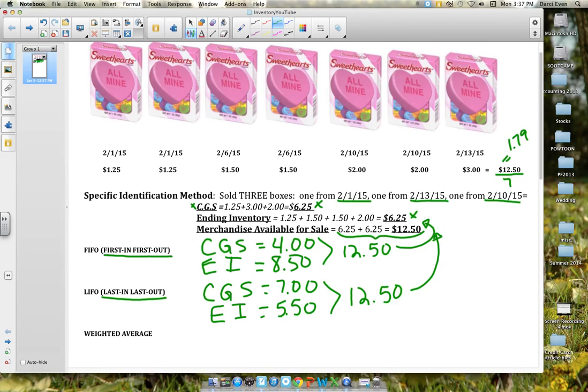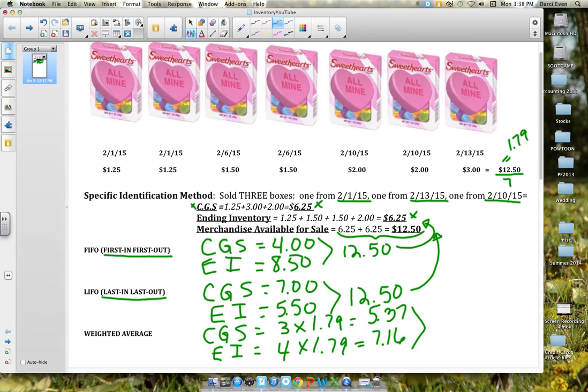So if we know we sold 3, then the cost of goods sold is 3 times $1.79. And 3 times $1.79 is $5.37. And so the ending inventory would be 4 times $1.79. And that comes up to $7.16. And if we add those two together, we're going to get $12.53.